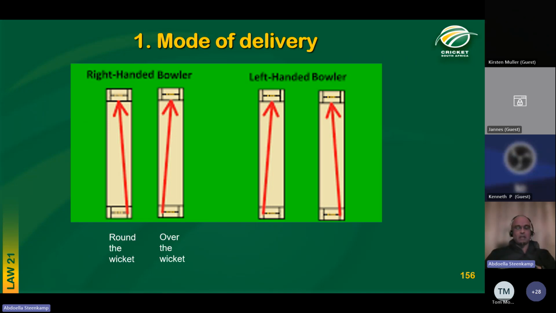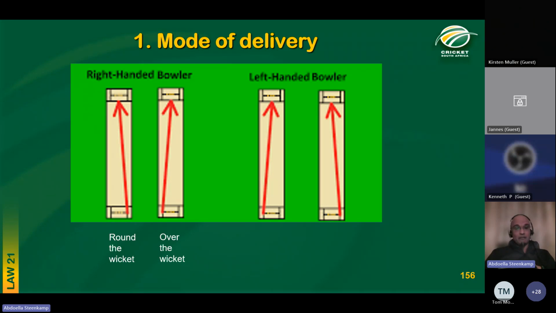So if the bowling hand is further away from the stumps, the bowler is bowling around the wicket. You always look at the bowler. You don't look at the batter. Whether the batter's left or right, that's irrelevant. When it comes to whether the bowler's bowling over or around, look at the bowling hand. If the bowling hand is further away from the stumps, it's round.